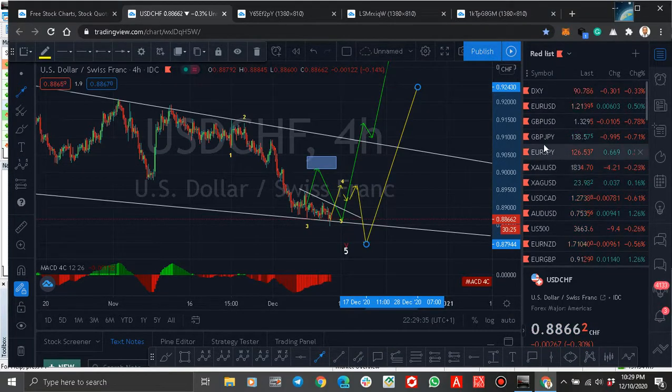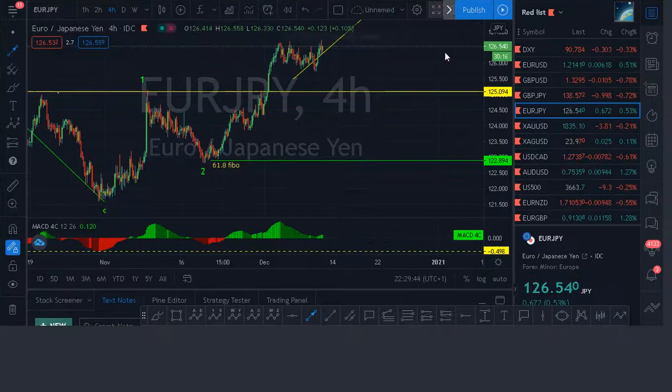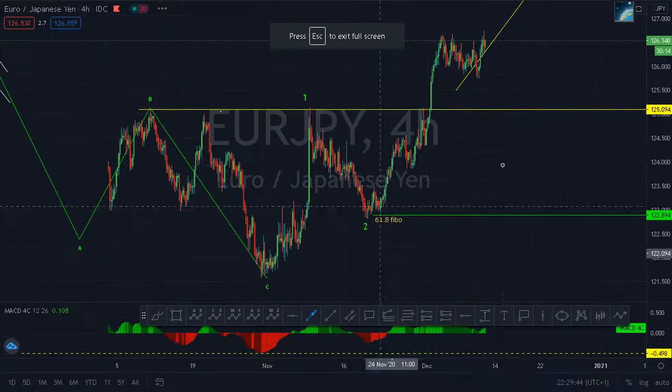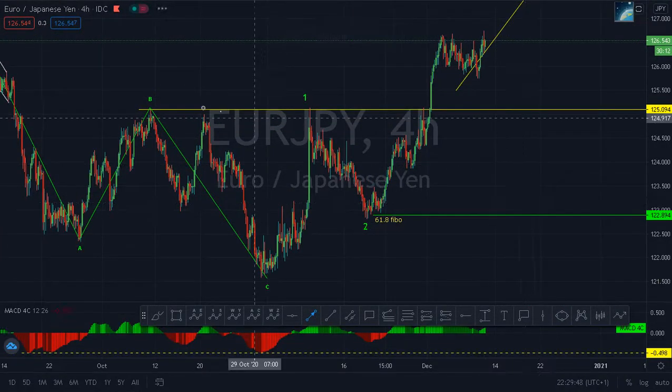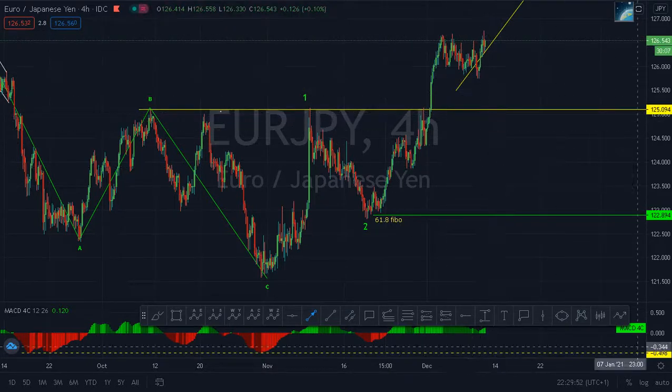What again do we have? Let me touch EURJPY and GBPJPY. Last time I told you about EURJPY. I said that the break of this line has confirmed a buying market.